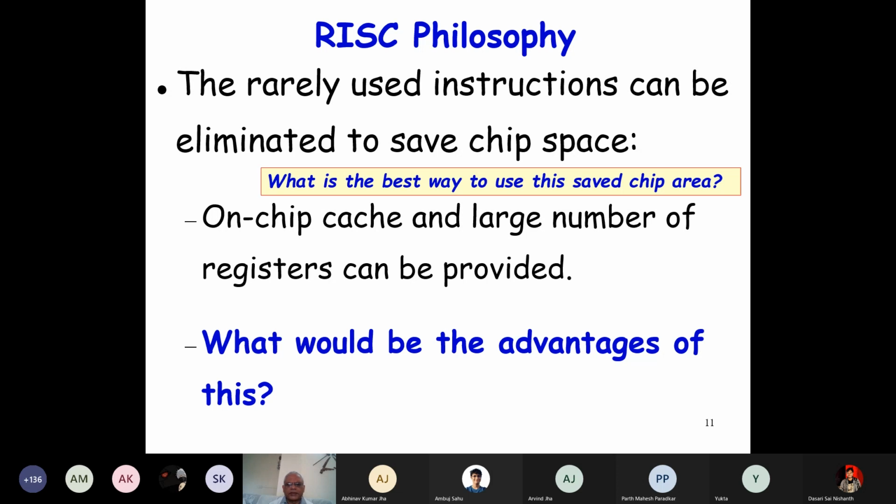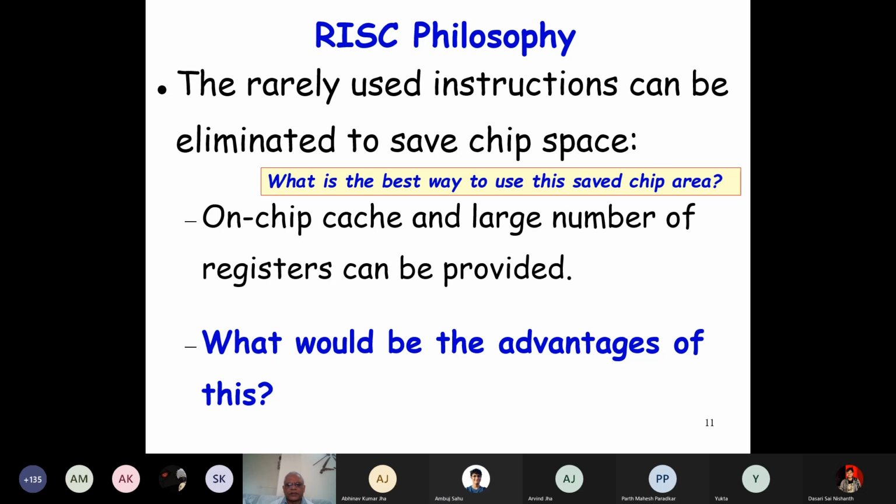Anybody would like to answer? By reducing the number of instructions, you freed up lots of transistors, lots of chip area. So how do you use it? Pipeline it better with using registers? Ambuj, sorry, pipeline does not take extra hardware. That will come later.